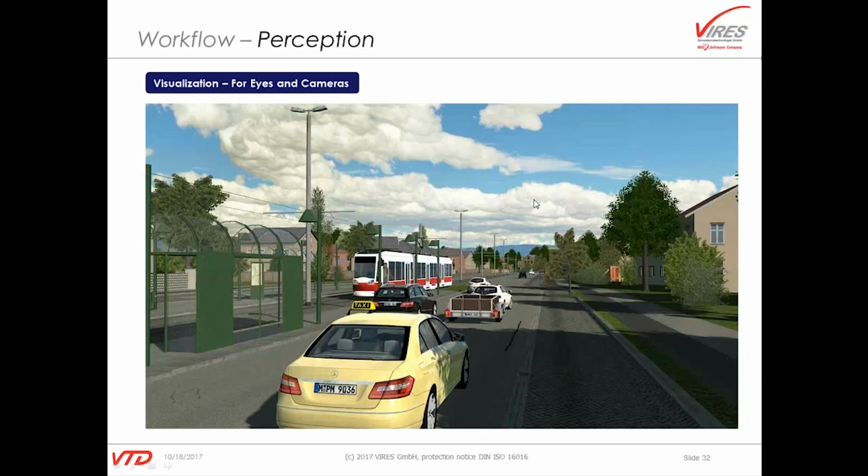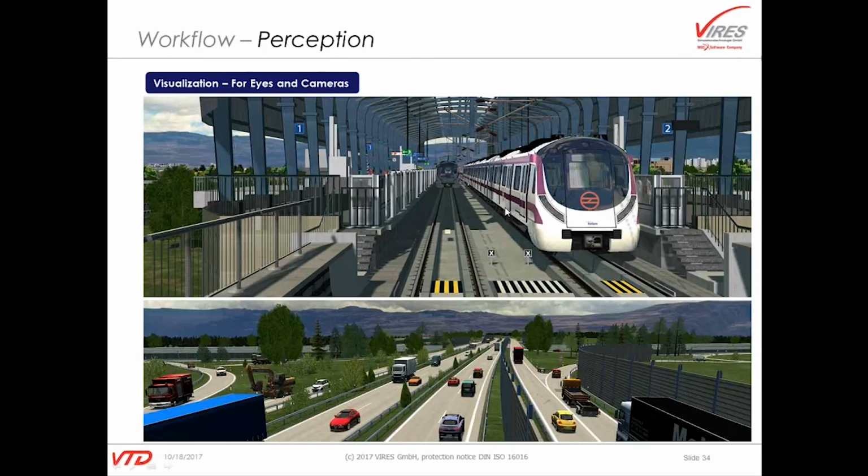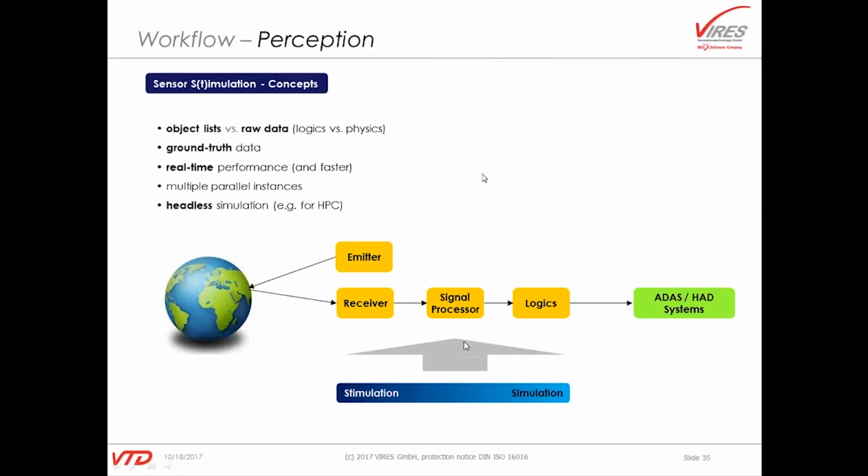The typical way would be this one: you would be looking into a 3D environment from whatever perspective. Yet another picture just to show that we are not only working in the automotive, but also in the railroad business. In the bottom picture, you see a highway scenario with a large number of vehicles. And that's basically the camera side.